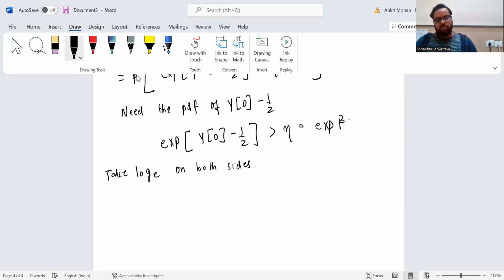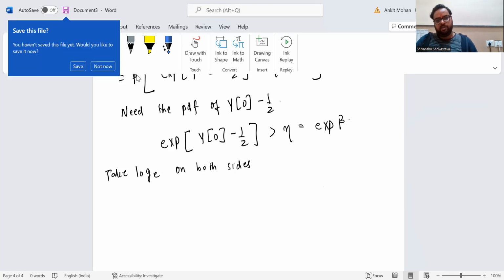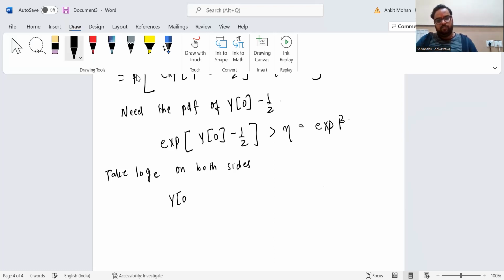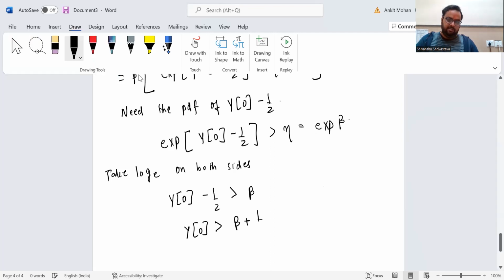Okay, so when I take this log on both the sides, I get y naught minus 1 by 2 is greater than beta, isn't it? So I have my y naught is greater than beta plus 1 by 2, okay, which is nothing but ln eta plus 1 by 2.